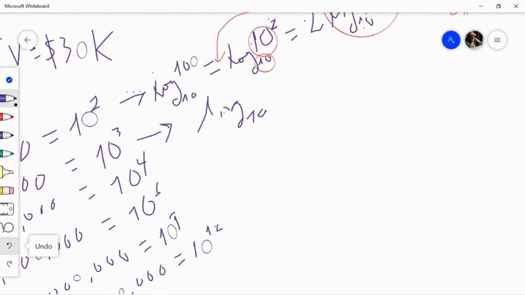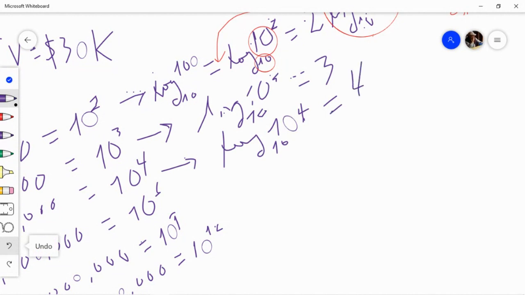This will be base 10 log of 10 cubed, which will simply be 3. And then this will be base 10 log of 10 to the 4th power, and 4. And you get the idea.